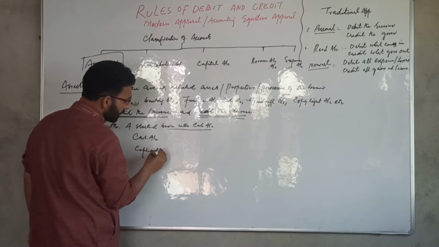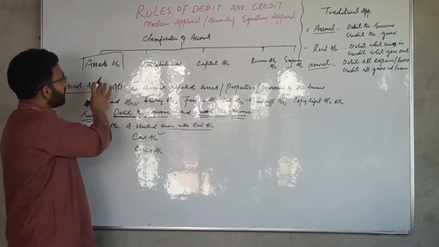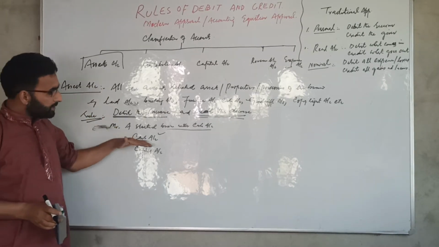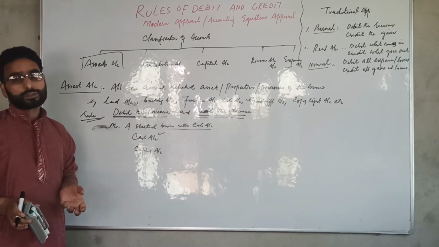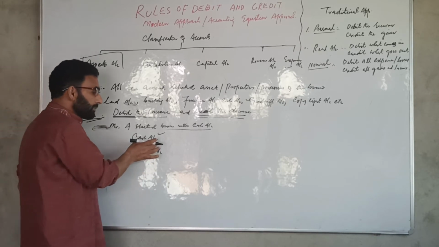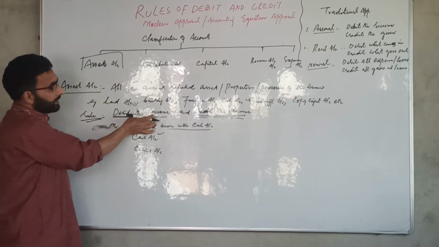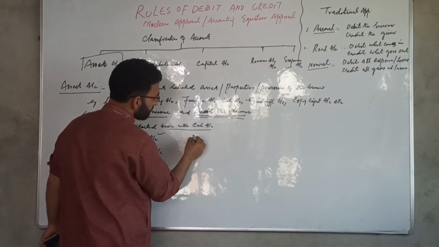When business is started, the business got cash. Here the cash is an asset and it comes in this category, assets account. Cash comes into the business, that means cash account increases. There is an increase in cash, so the cash account is debited.